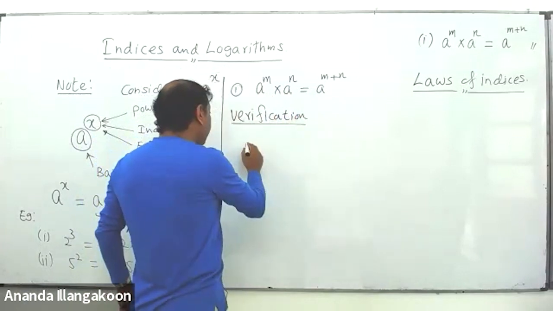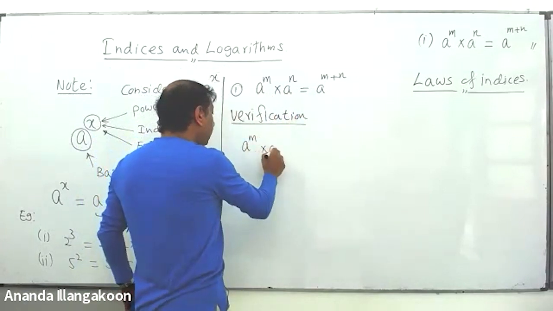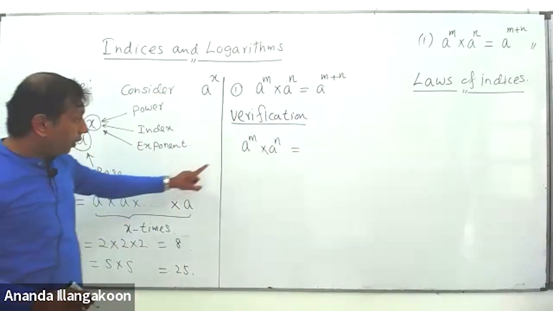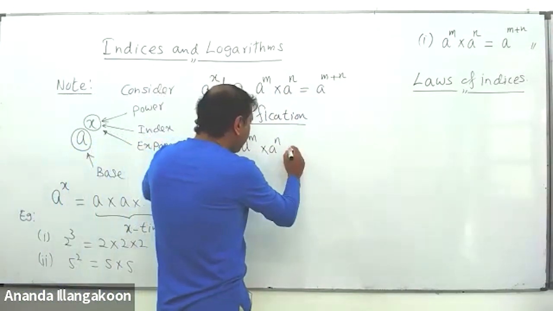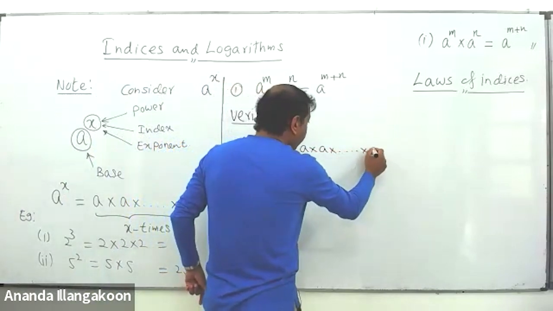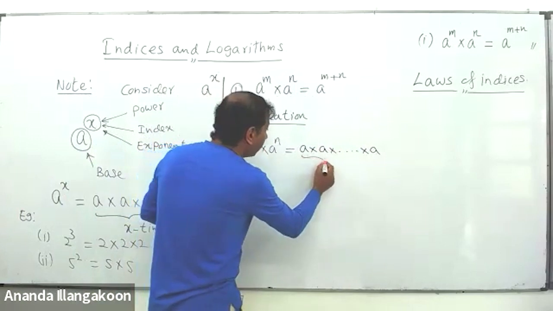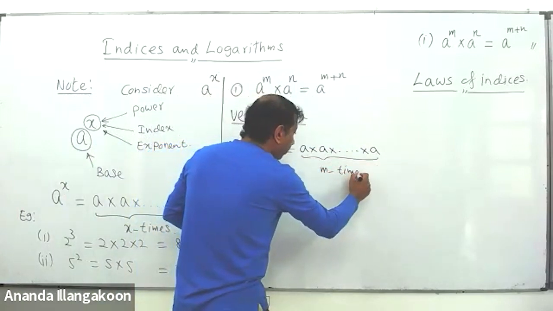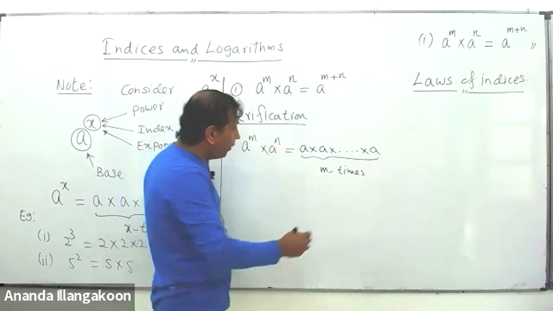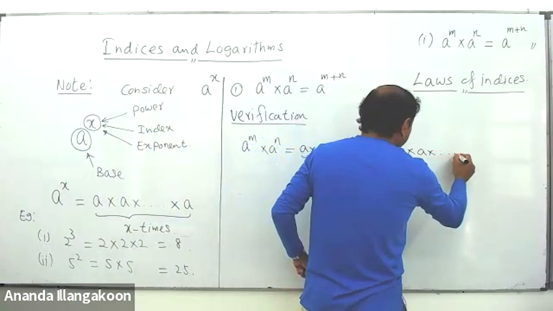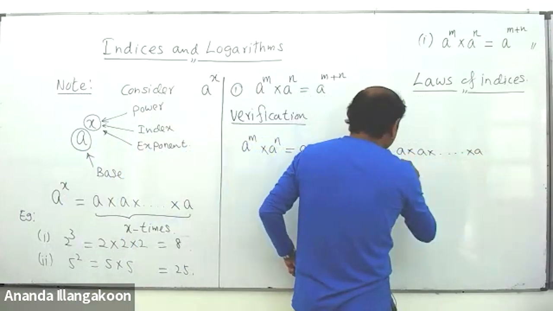How, people? A to the power m multiplied by a to the power n. According to this notation, a to the power m means we must write this simple a how many times? Here we have m times. And a to the power n, we have simple a n times.